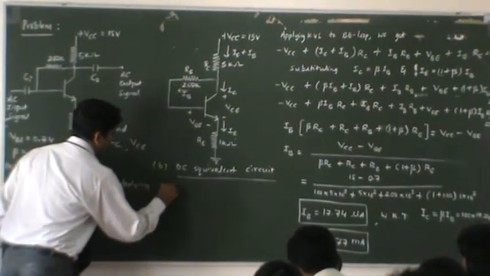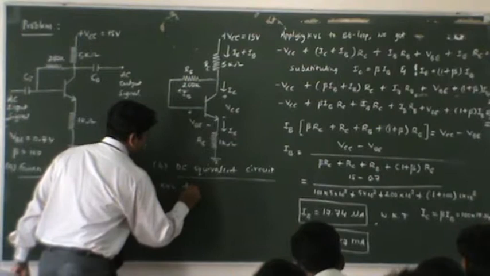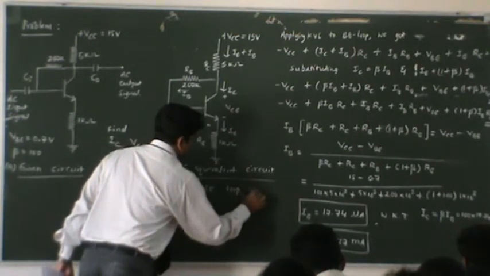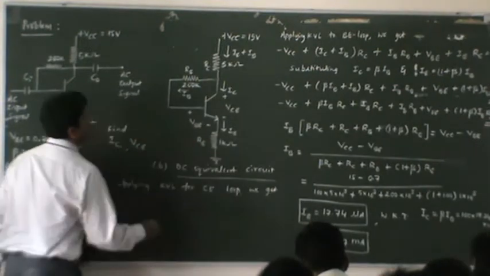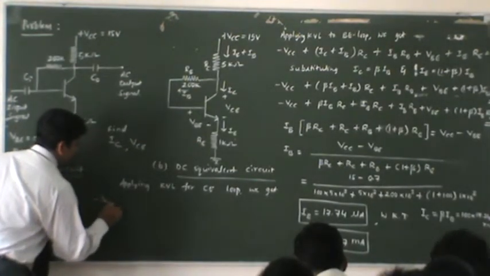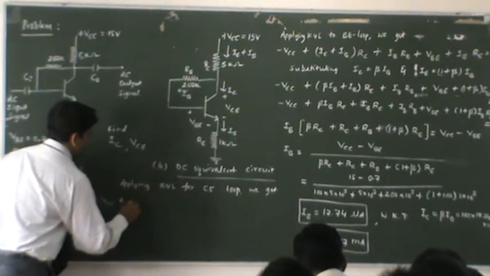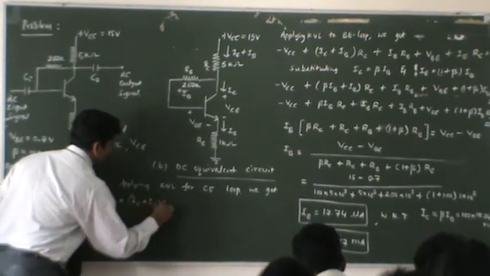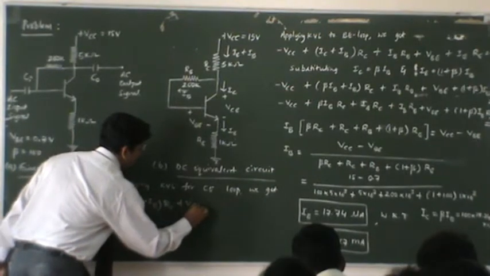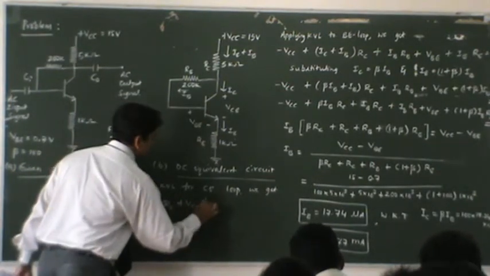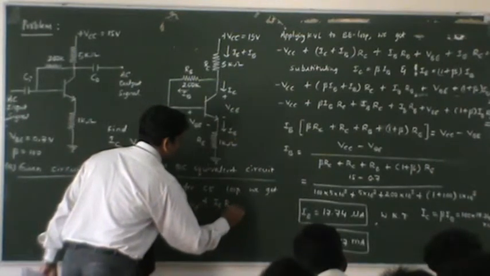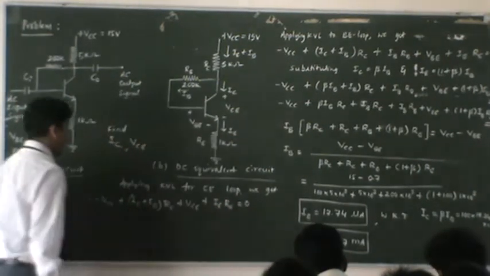Applying Kirchhoff's voltage law for the collector emitter loop: minus VCC plus IC plus IB times RC plus collector emitter voltage VCE plus IE times RE, which is equal to 0.